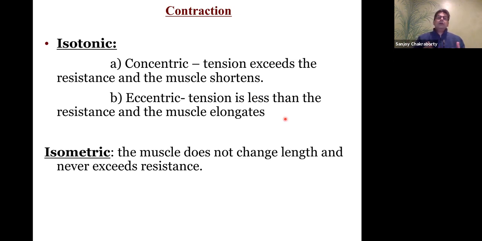So isotonic could be two types, because I'm talking about changing length. When it's changing length, two things can happen: either the muscle gets shorter or the muscle gets longer. I'll give you an example. When you pick up something heavy, you can practice this at home, your bicep muscle will bulge, like getting shorter.